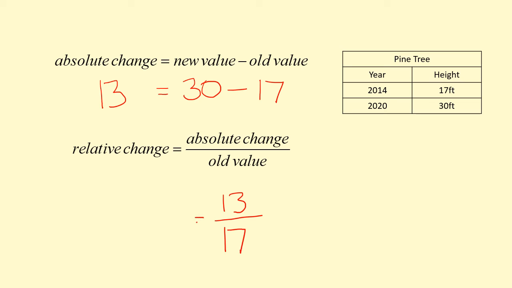And when you do that division, the calculator gives you a bunch of numbers. It starts out looking something like this, and then it keeps going. And so when we convert that to a percentage and round it off, we see that the relative change in the height of that tree is 76.5%.